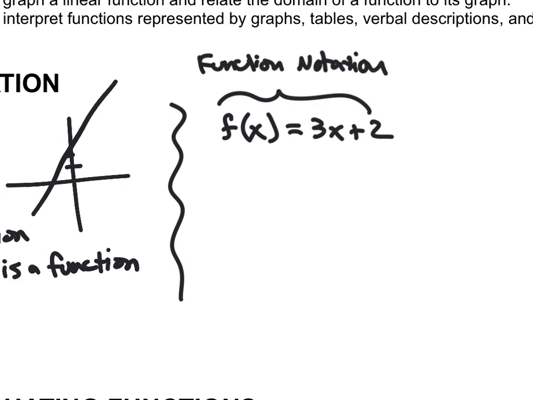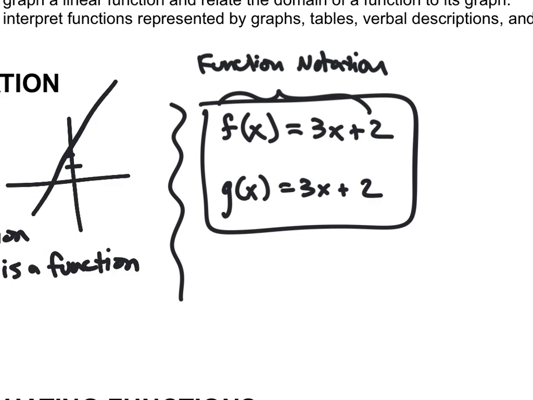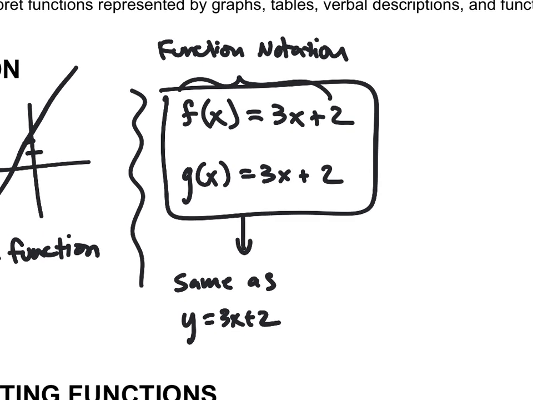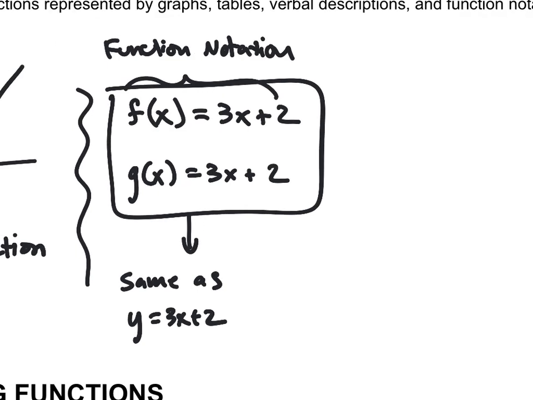And I could also write this as, say, g of x equals 3x plus 2. And these things are the same as y equals 3x plus 2. It's the same relationship. It's just written differently, okay?